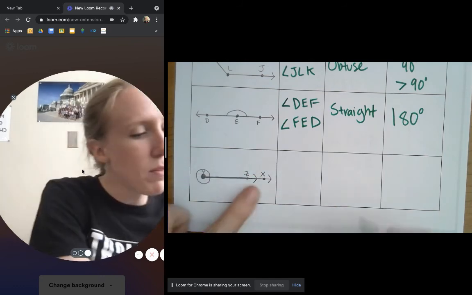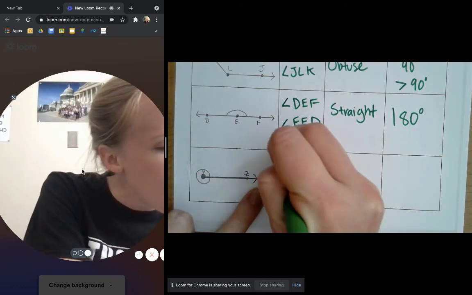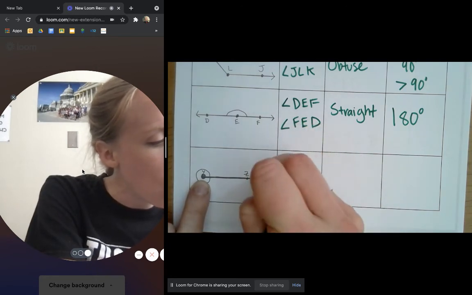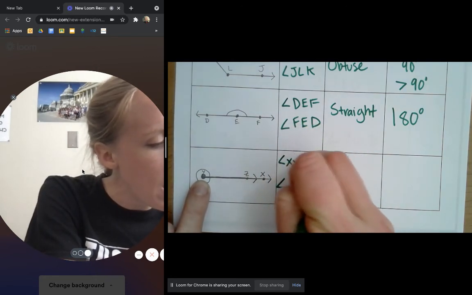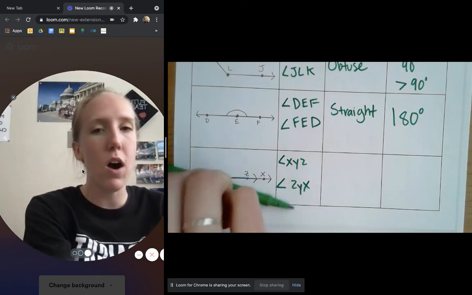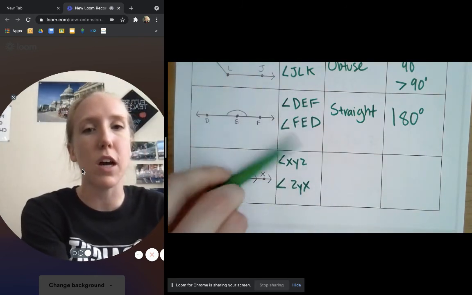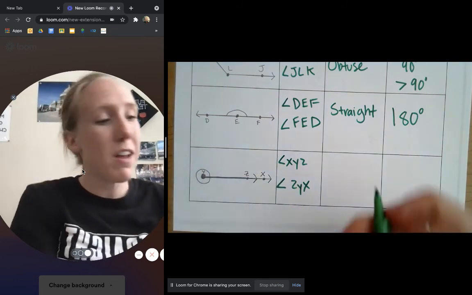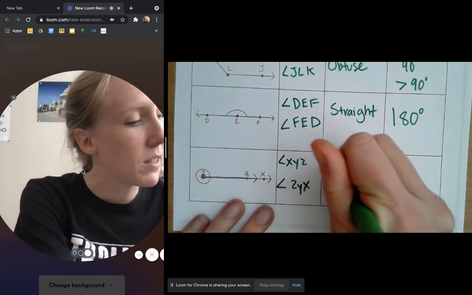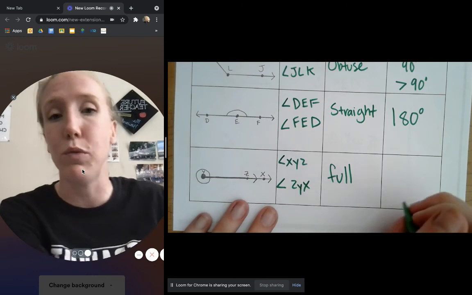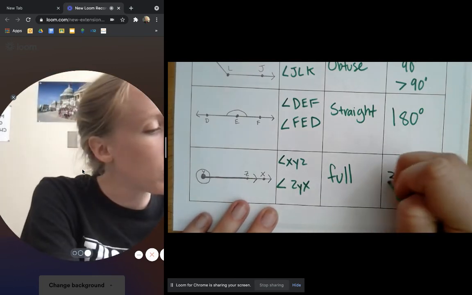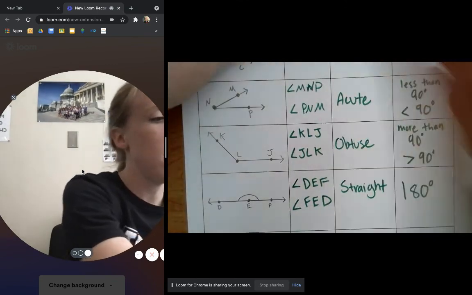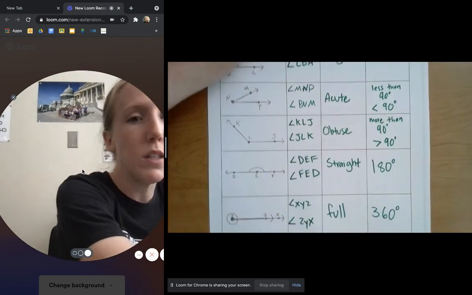We could name it angle XYZ, or angle ZYX, still going through the vertex Y. This angle went all the way around and ended up back where it started, and that makes a circle. That is called a full angle because it makes a full rotation, and that is 360 degrees.